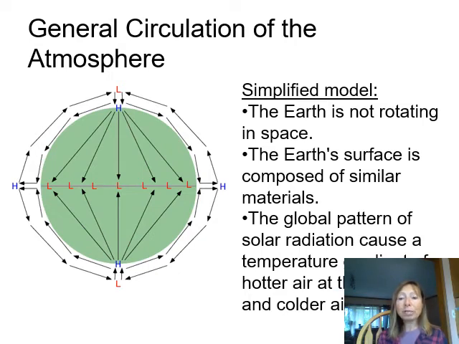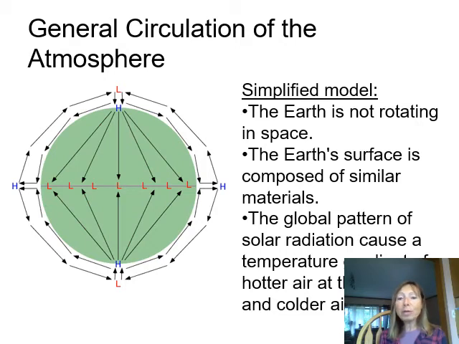And so we would see these two hemispheric giant convective cells, with warm air moving upward over the equator and then moving to the poles, then cooling down, sinking down, and then moving in the opposite direction from high pressure to low pressure over the surface of both hemispheres, from the poles to the equator.